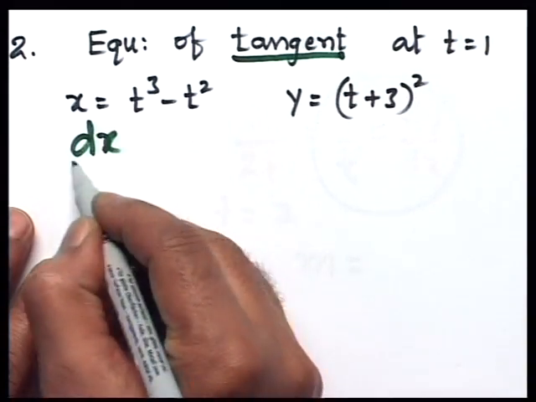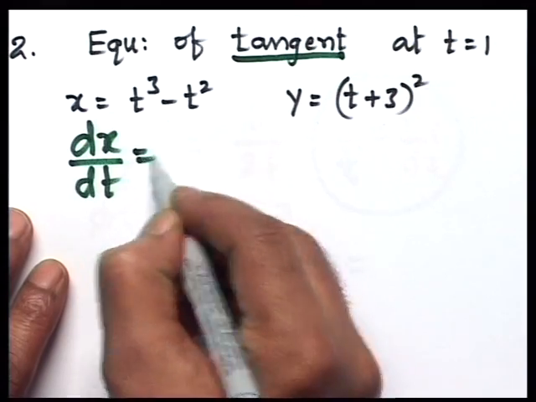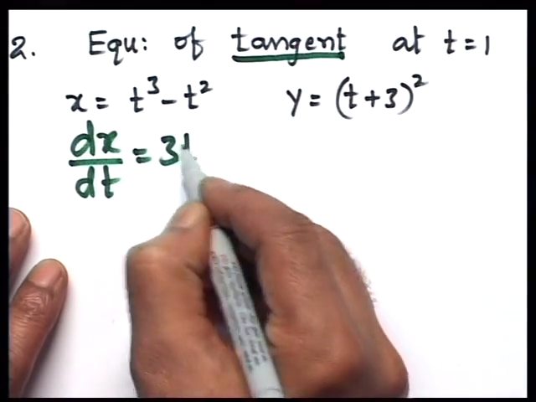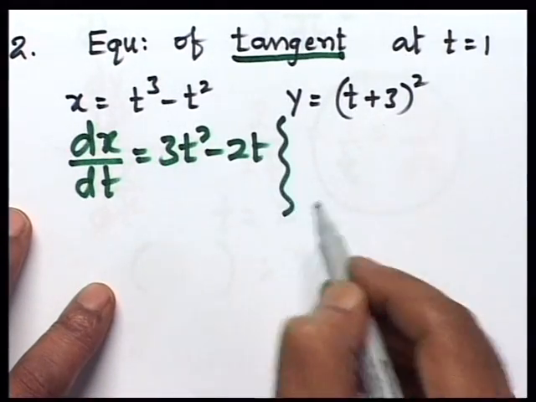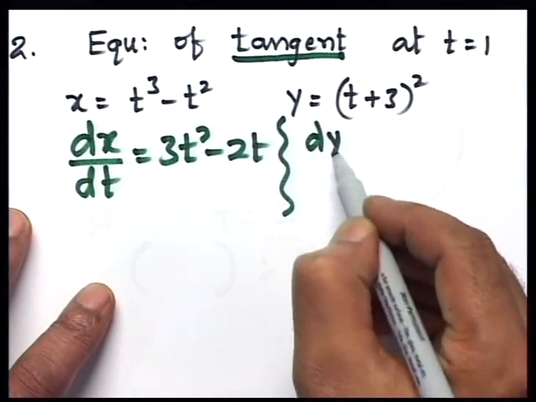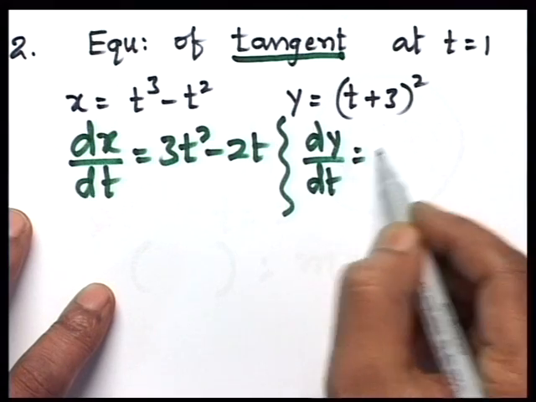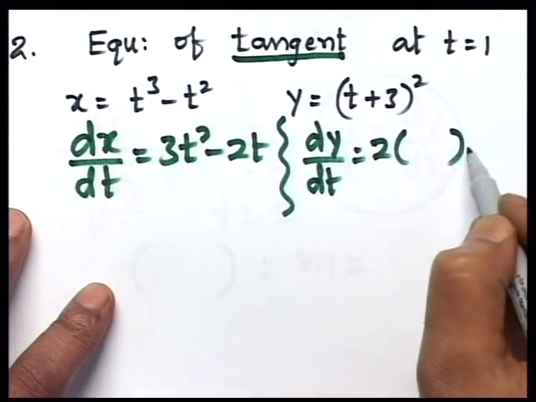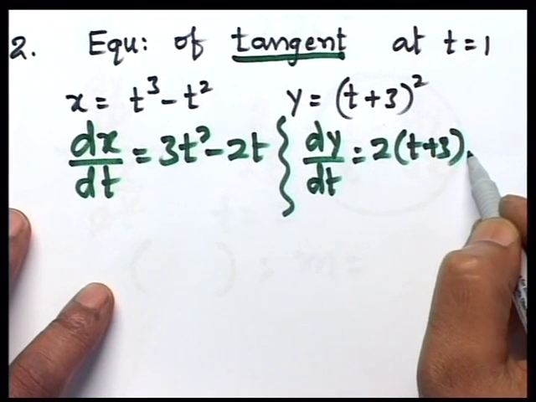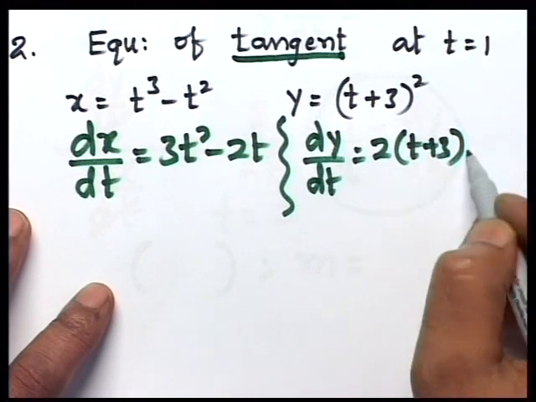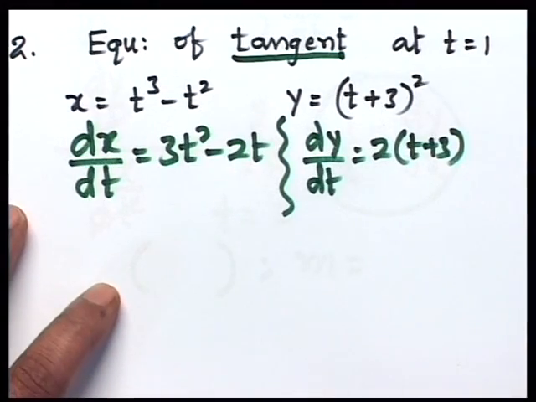So dx over dt is equal to 3t square minus 2t. That's all. Then dy over dt equals 2 times the bracket t plus 3, then times the derivative of the bracket, which is 1. So we can leave it like that.